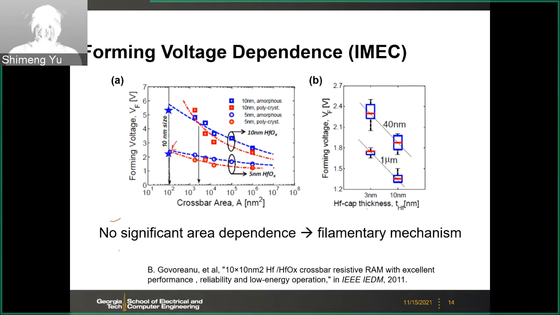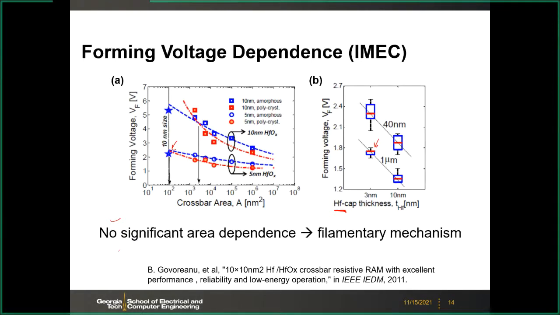And also they found that the forming voltage is a function of the hafnium metallic capping layer thickness. If you have thicker hafnium, then you can get more oxygen from the hafnium oxide. Therefore, the forming voltage can be lowered to like 1.8 volts.